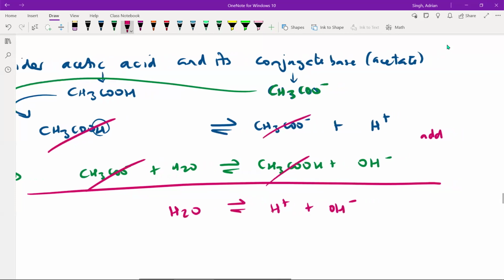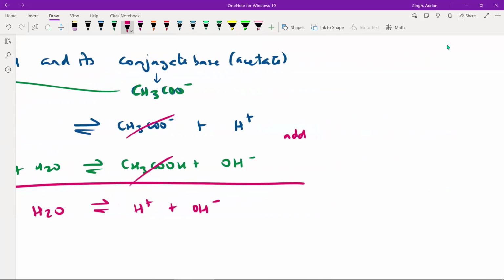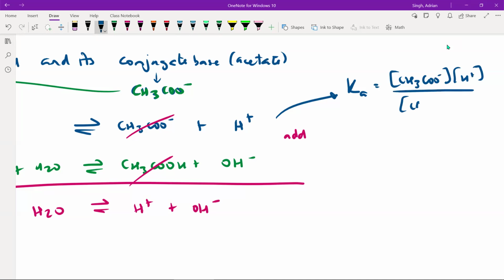Right? And what I can also do with each of these, I can write out the Ka expression. So Ka here is CH3COO minus times H plus divided by the acetic acid. And then I can also write the Kb expression for the one in green, the acetate ion.